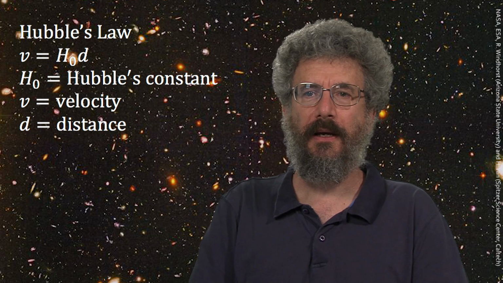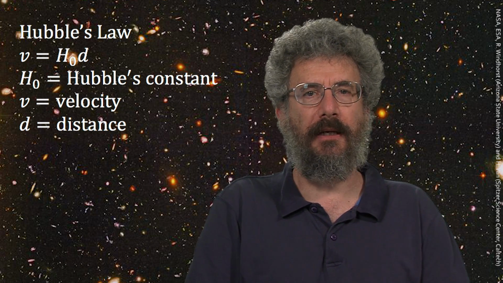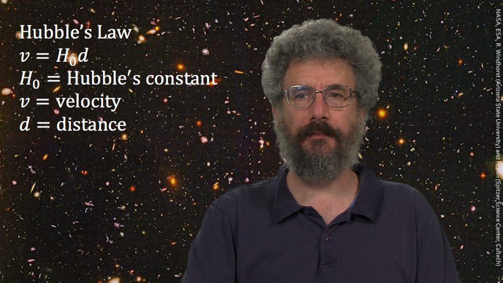So by 1929, Hubble had taken the distances he measured using the variable stars, and he plotted them against the velocities Slipher and others had measured using the Doppler relation. And what he discovered was there appeared to be a linear relationship between distance and velocity. And today, this is called Hubble's law, and the constant is called Hubble's constant. And this has become tremendously important in astronomy.